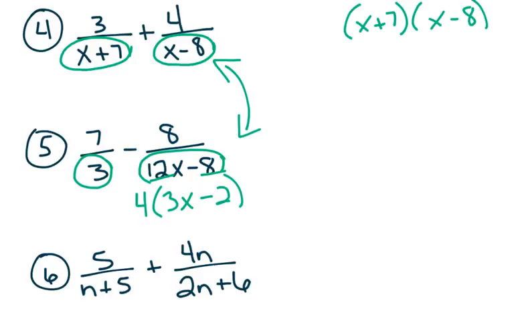Okay, so now I'm going to change colors here. I've got a 3, I have a 4, and I have a 3x minus 2. So I am going to do exactly what I've been doing before. These 3 things are not common, so I'm going to multiply them. 3 times 4 is 12 times 3x minus 2.